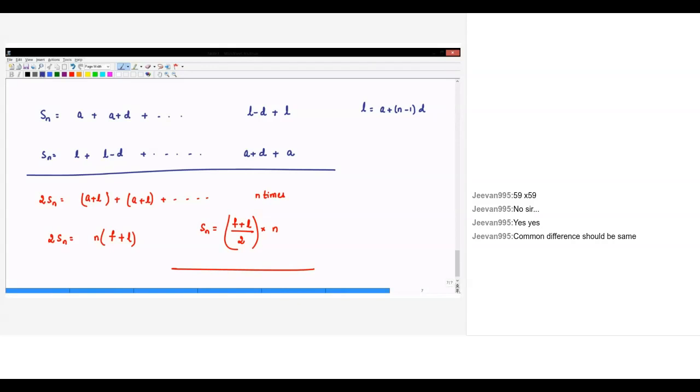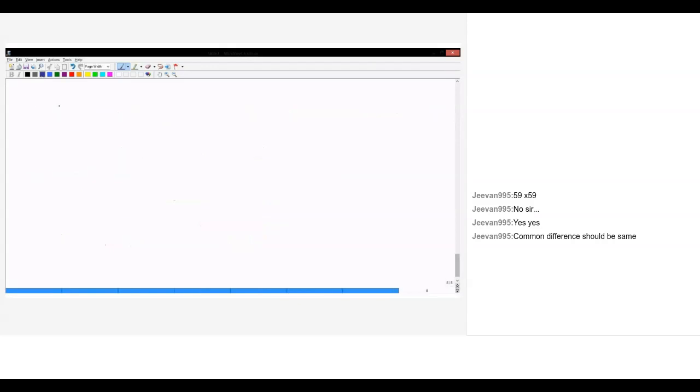If you substitute, F is A, L is A plus N minus 1 into D. N by 2.